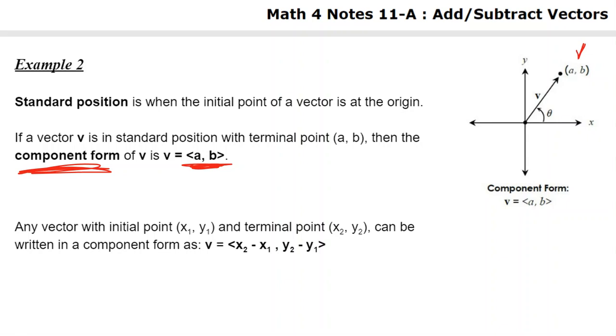This is an ordered pair, and it gives me a location. When it's rounded parentheses like that, it's a location. But when they're pointing brackets like this, this indicates direction. This says that I'm going to go so many units on x and so many units on y, and then I'm going to land where I need to land.